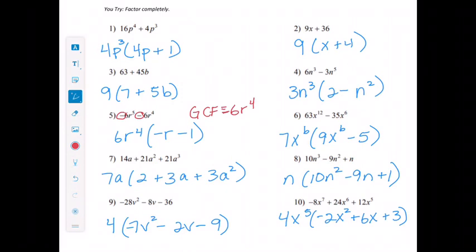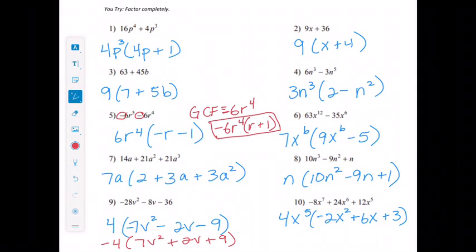So sometimes we actually might take out a negative 6r to the 4th, and then what's left in parentheses is a positive r and a positive 1. If you had written your answer that way, that would be fine too. The same thing with number 9. We call that factoring out the negative. We might want to factor out the negative in number 9, so you could have your answer as negative 4 times positive 7v squared plus 2v plus 9. Either of those is acceptable.